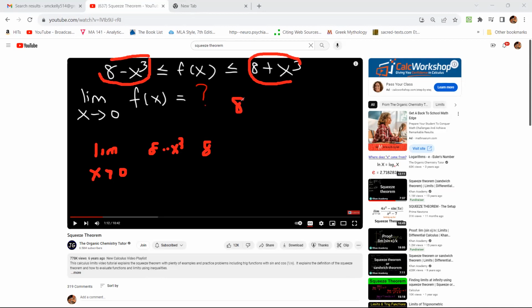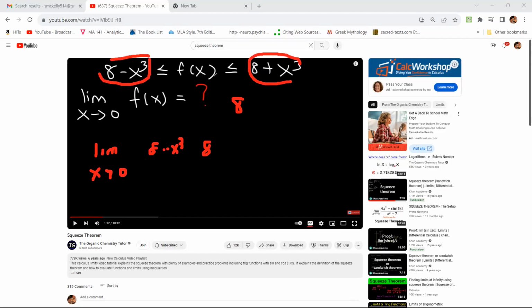That's what the squeeze theorem says. The hardest part of actually using it, he's helping you to understand this right now. When you actually use the squeeze theorem, these functions that I've circled are not going to be given to you.